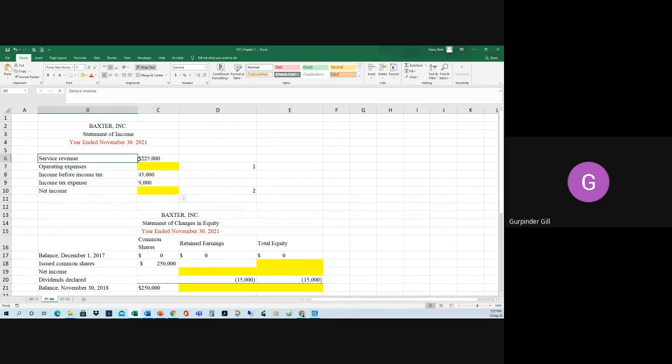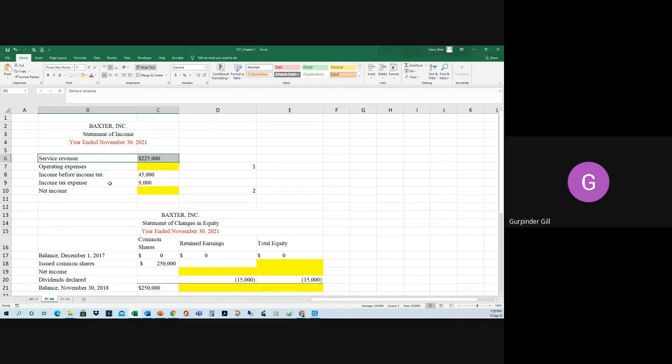So this $225,000 of service revenue is not from the first day of business. Let's say you're talking about Bay. Hudson Bay is claiming to be in existence for 300 years now, the last I heard. So this is not the revenue from day one. It's the revenue for the last 12 months. This is some of the ways that we interpret the information.